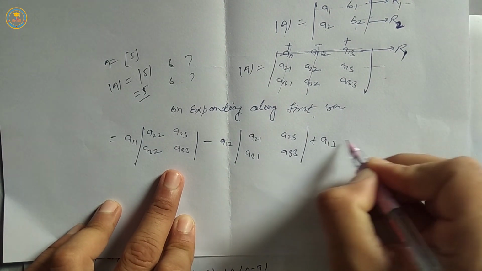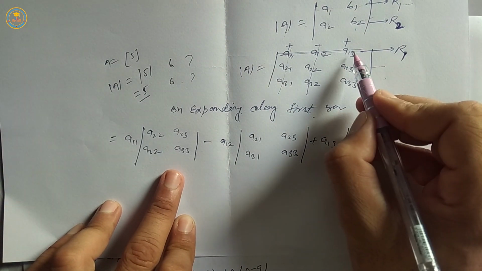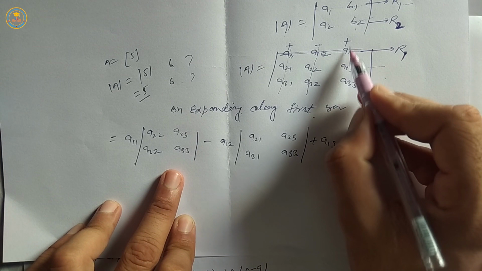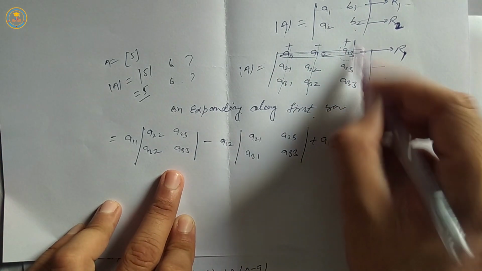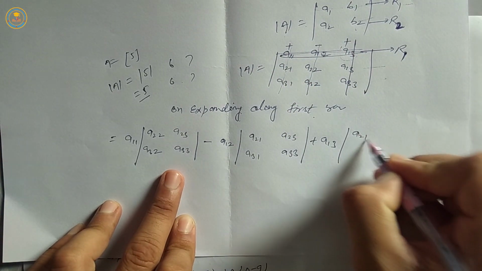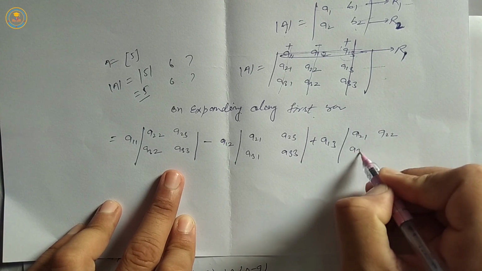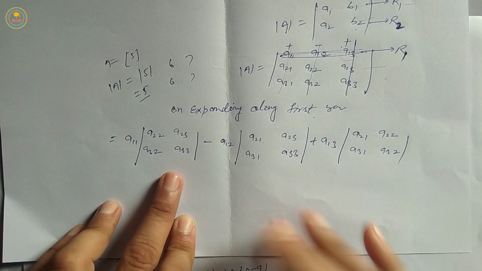Plus A13, leaving the corresponding row and column of element A13, it means A21, A22, A31, A32.